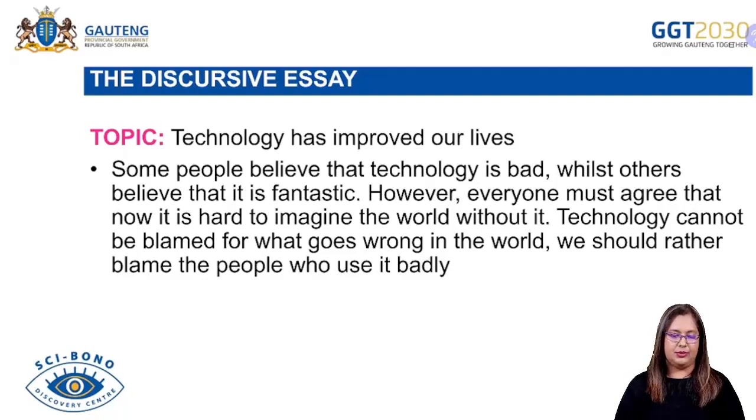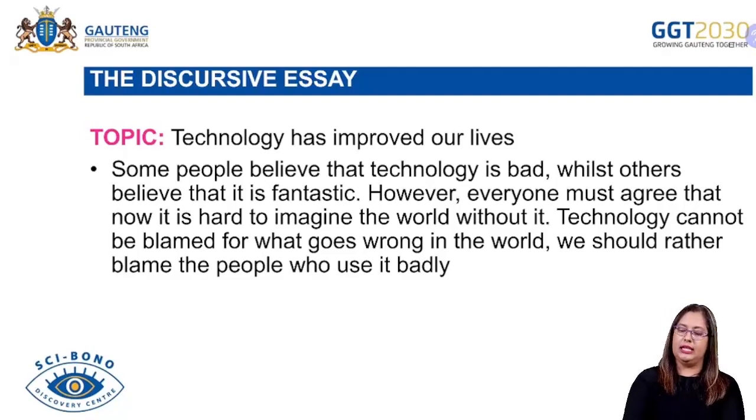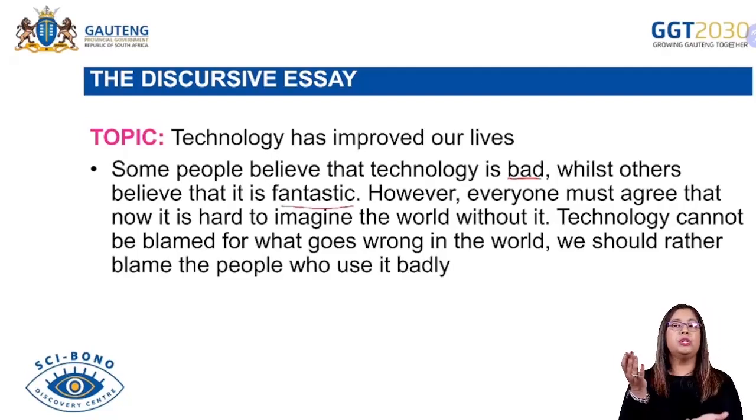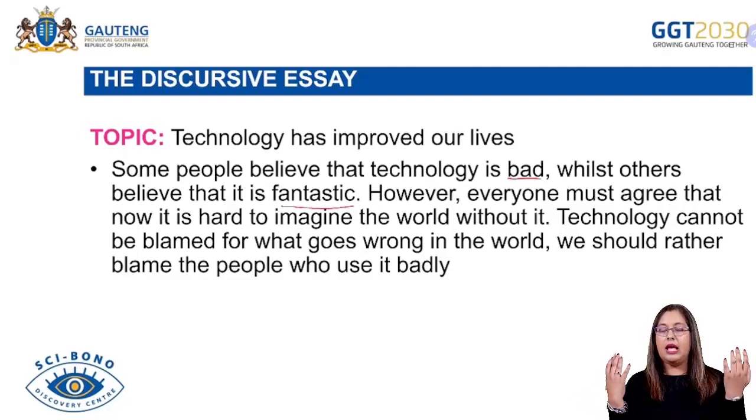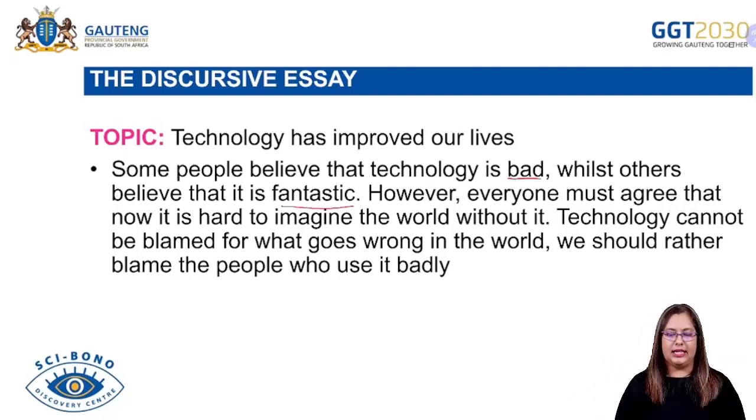Here's an example for you. Some people believe that technology is bad, whilst others believe it is fantastic. So you're giving a balanced view. Some believe this, and then some also believe this. However, everyone must agree that now it is hard to imagine the world without it.